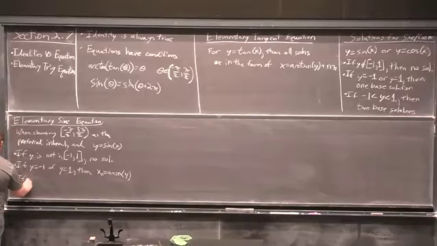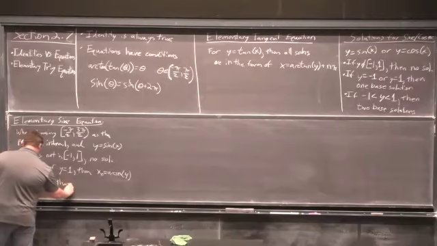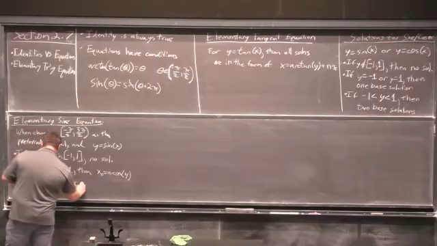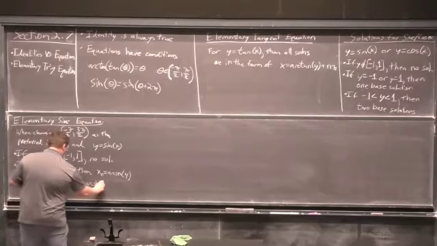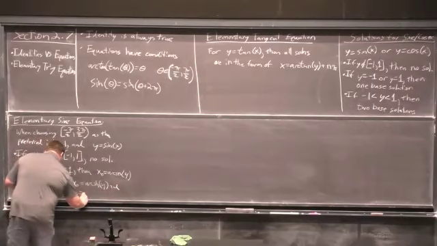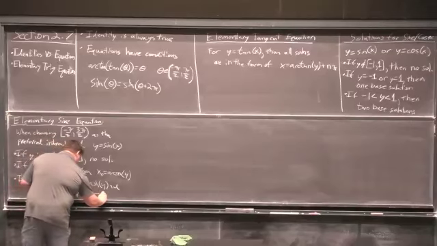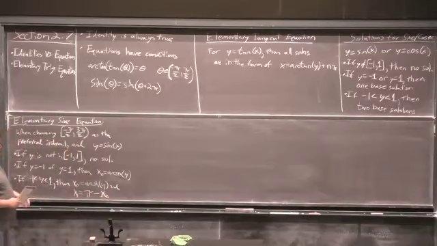If y is between -1 and 1, exclusive of -1 and 1, then x naught is equal to arc sine of y, and x1 is equal to pi minus x naught, or the same arc sine of y.